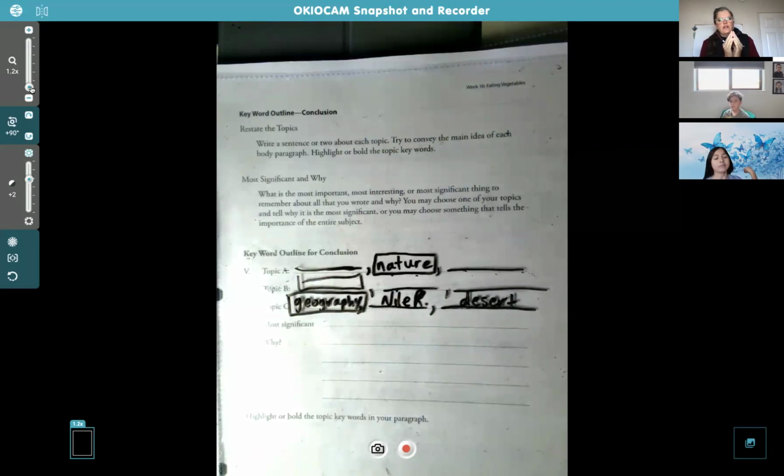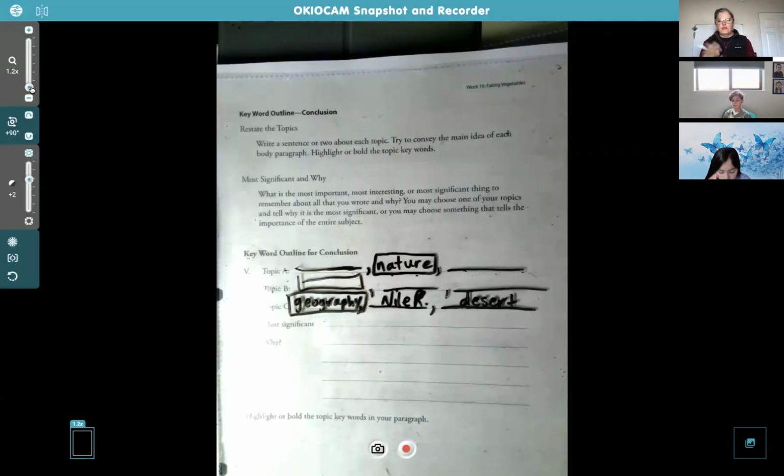Like for Lizzie, something that stood out to me was how many people live in Japan. It's super crowded, right? Or maybe how beautiful it is with the cherry blossoms, or how they celebrate different things.